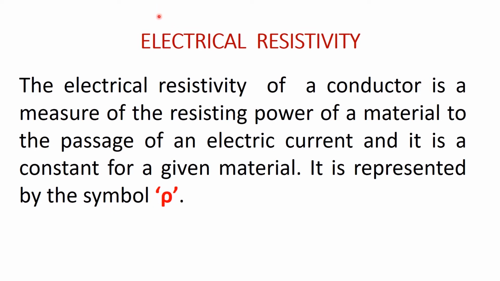We saw what resistance is: the property to oppose the flow of electrons and hence the passage of current. So resistivity is the measure of the resisting power. The extent to which a material gives opposition is what we call the electrical resistivity. Clear? So it is a measure of the resisting power of the material to the passage of the electric current.